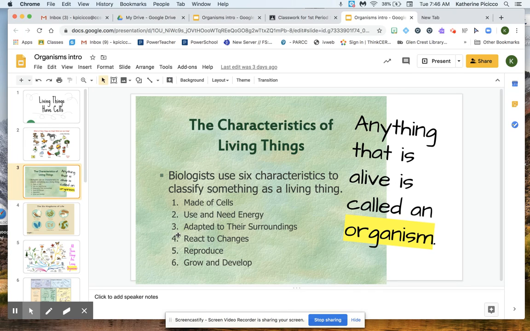Okay, so just to give you an idea, because I think we forget what being alive is. Like last week, a lot of you said things like, oh, it can breathe, or it has blood, or it has a brain. A lot of times we think of things that are alive and we think of just human characteristics, but really being alive is a whole bunch of different things. So I want you to expand what you think being alive means.